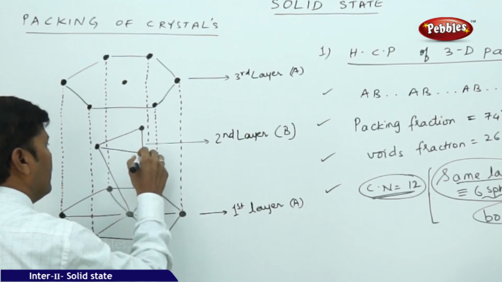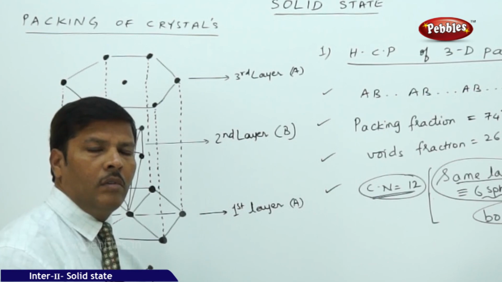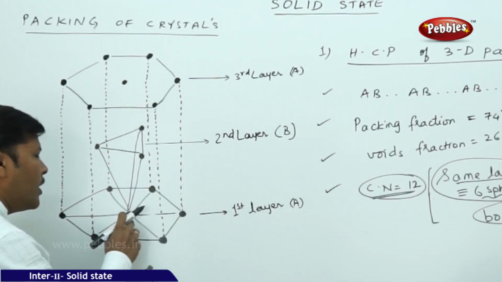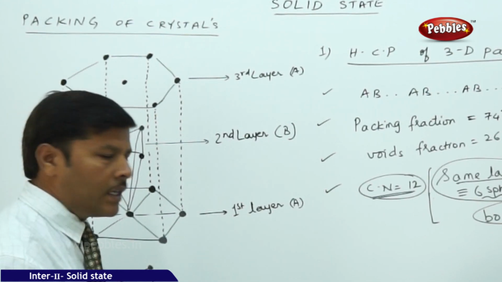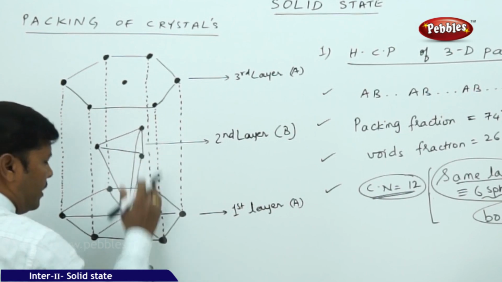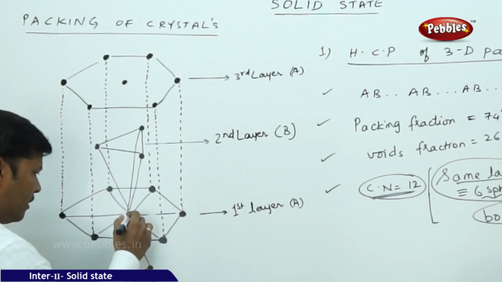So I am connecting these 3 also. That means already 9 spheres have come in contact with the face of the hexagon. Likewise, if this is the top layer, this will be the bottom layer. So again, the face will come in contact with another 3 spheres.